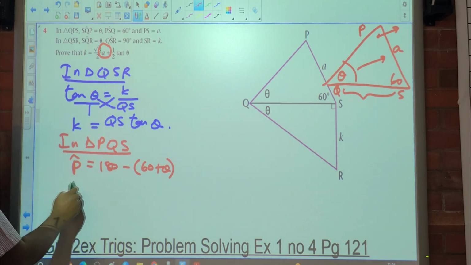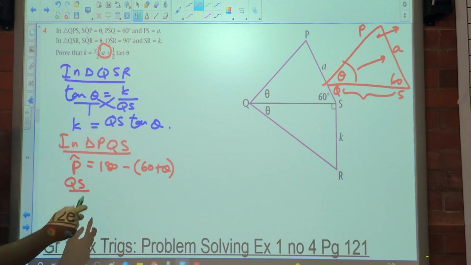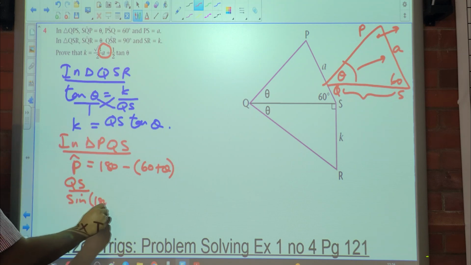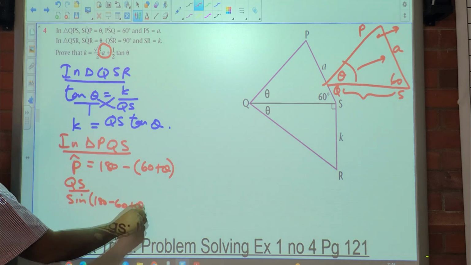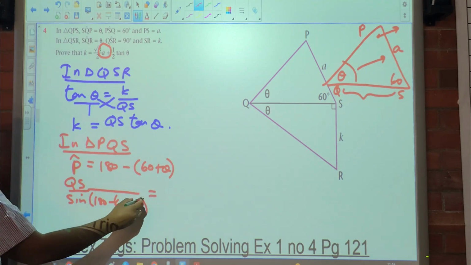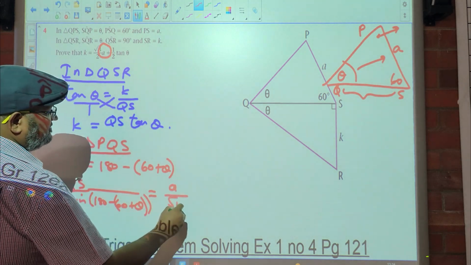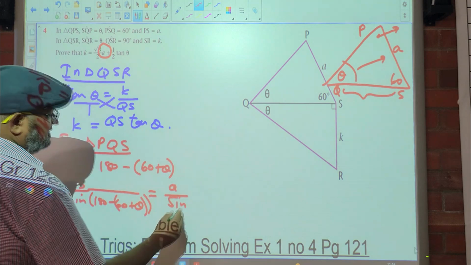So now we say that QS, note that I'm not multiplying the story out, okay? QS over sine 180 minus 60 plus theta equals A over sine of theta.